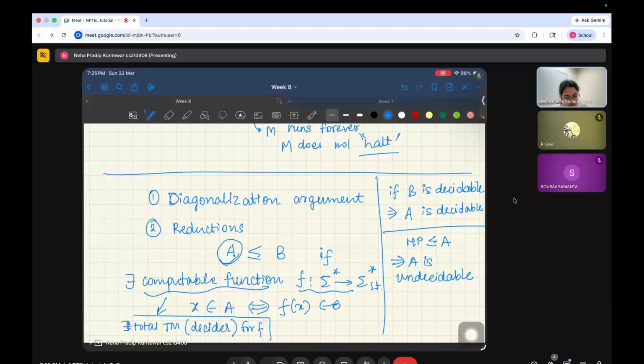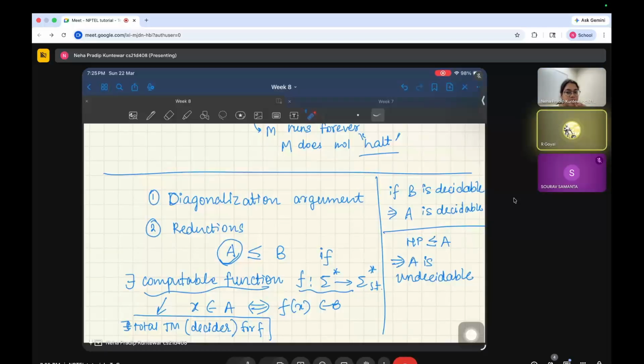Or the other way could be that maybe there could be some counting argument to show that the total number of Turing machines that you have is only countably many, whereas the total number of functions that you can have could be uncountable. That is for languages, I guess.